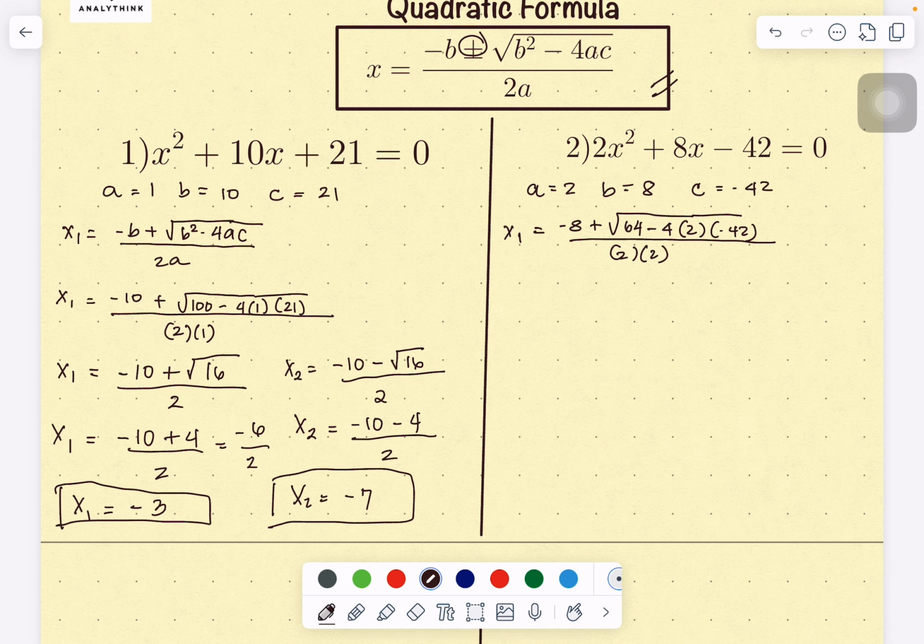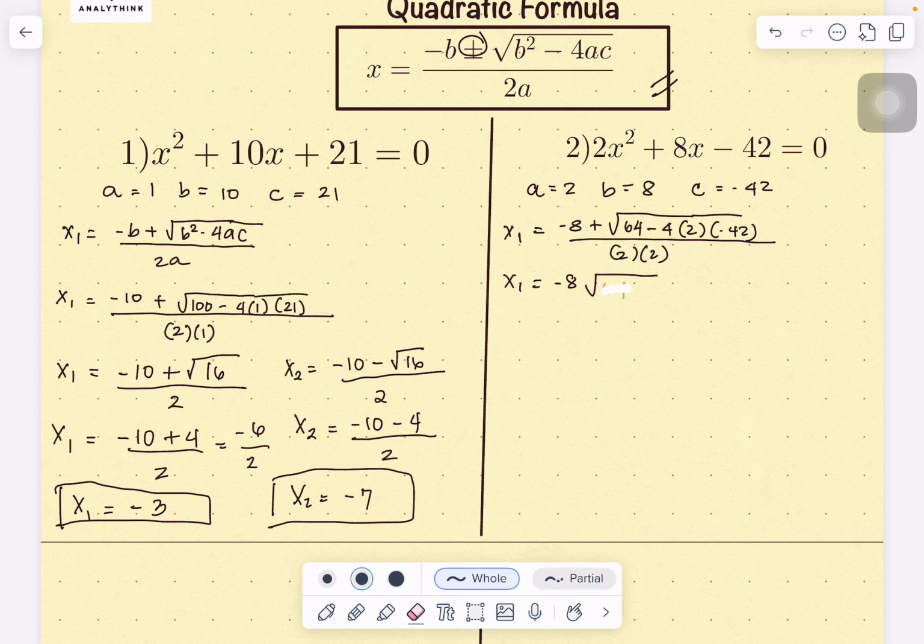Now, solving for that, x sub 1 is equal to negative 8 plus the square root of 64 minus 4 times 2 times negative 42. So that would be 400.